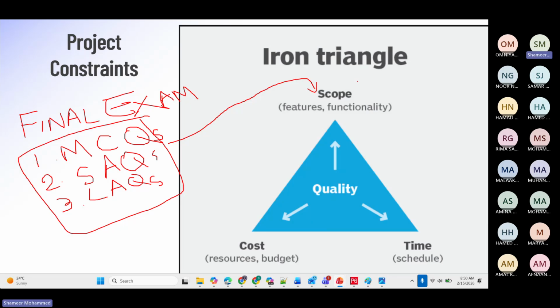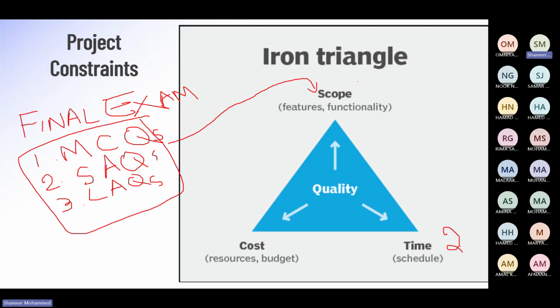These are the features, functions of that project. And I am giving you the example here, final exam. In that you have three types of features. One is multiple choice question, another is the short answer question, and another is the long answer question.